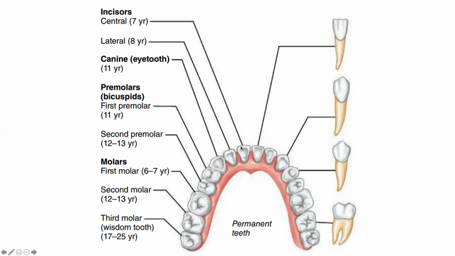So central incisor and lateral incisor, canine, and then premolars, first premolar, second premolar, and then 3 molars. The last molar or third molar is called the wisdom tooth.